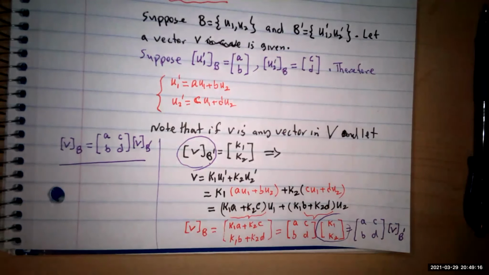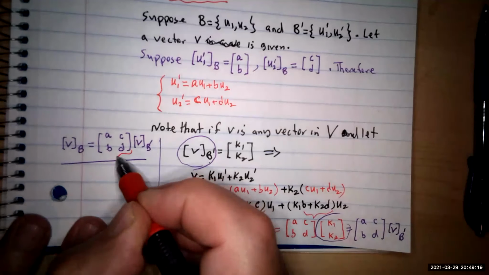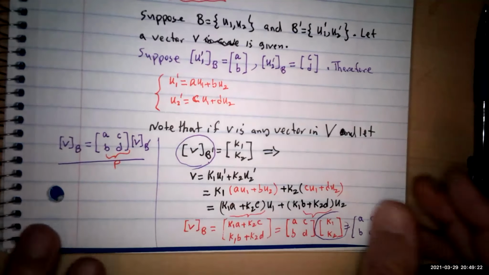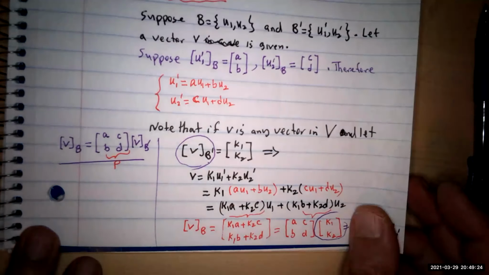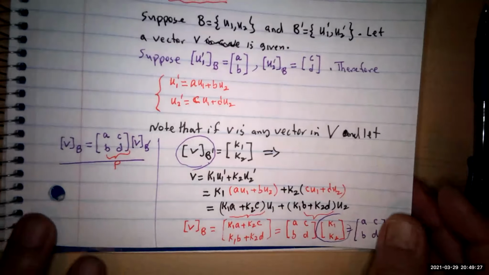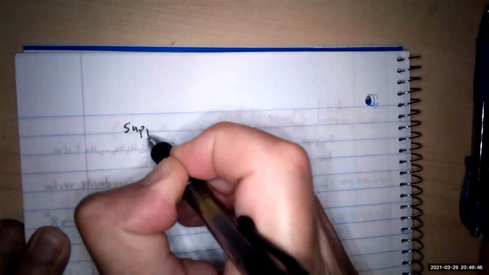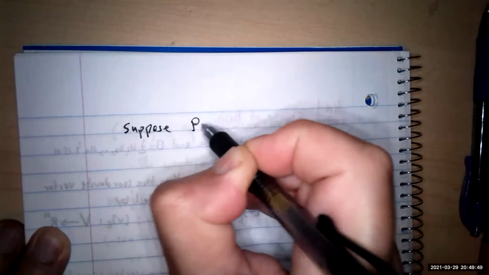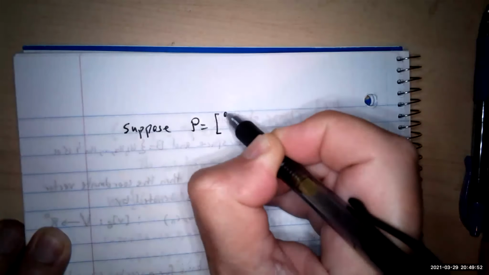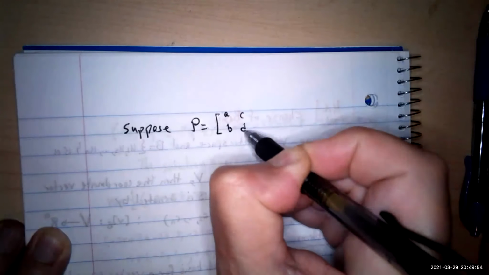So this matrix, we give it a name. We call it P, the transition matrix, if you like. Let me write it down. I'm going to put it into a theorem in a minute, but it's not bad to think about it a little bit, and you can study your book too. Suppose that P is a, b, c, d.